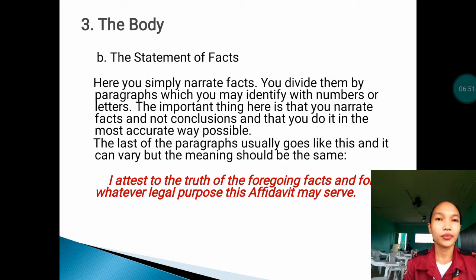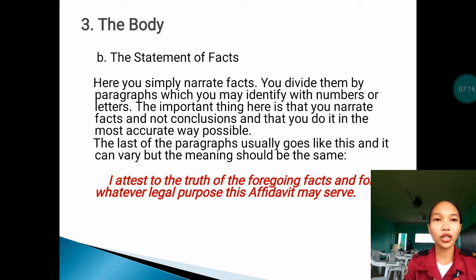The statement of facts. Here you simply narrate facts. You divide them by paragraphs which you may identify with numbers or letters. The important thing here is that you narrate facts and not conclusions, and that you do it in the most accurate way possible.